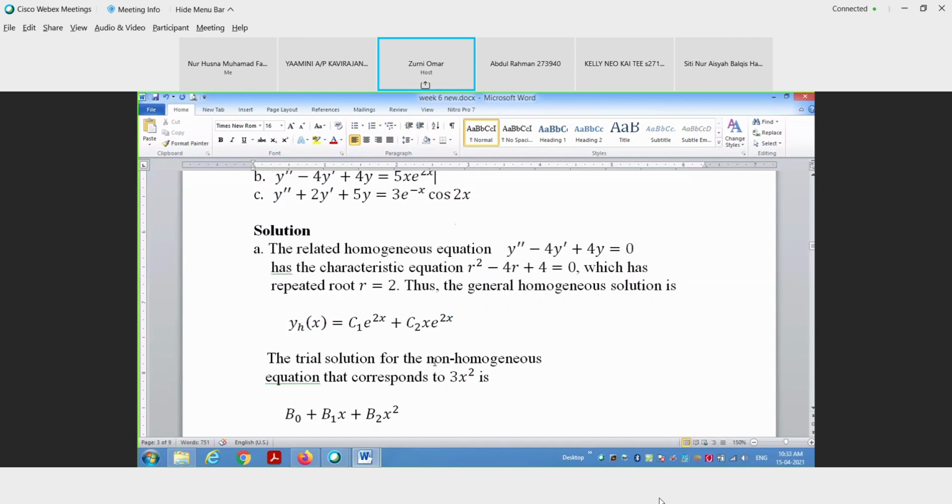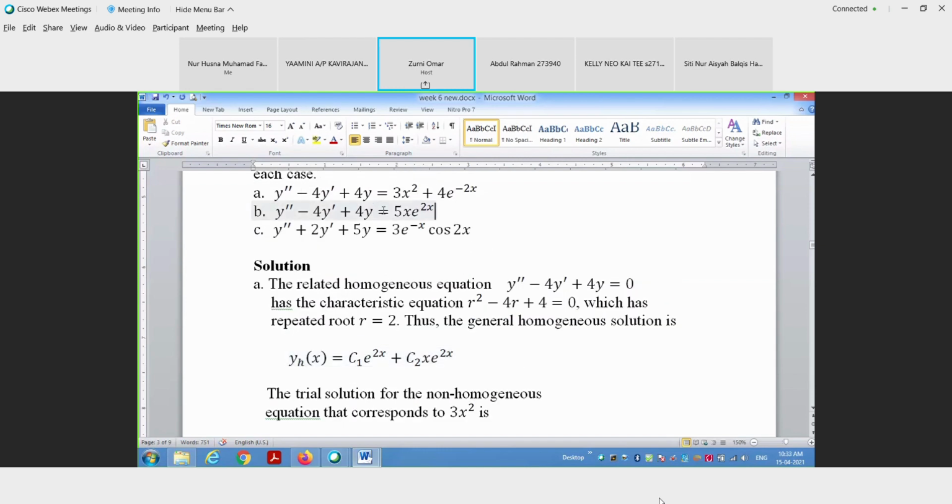And now YP is different. YP is 5x times e^(2x). 5x is a polynomial of order 1.